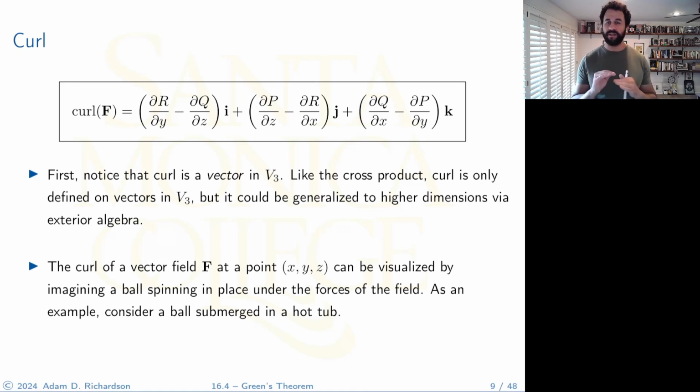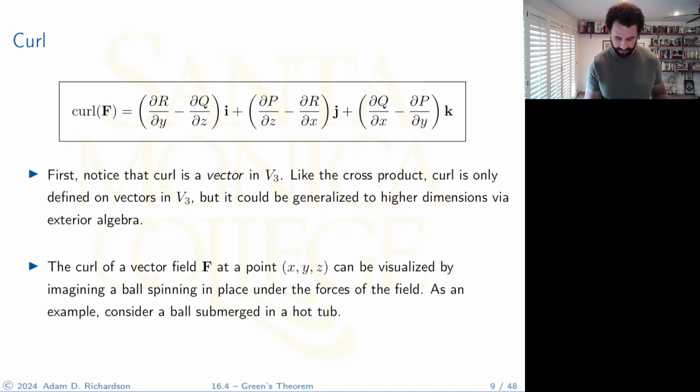We are going to restrict our attention to R3 or V3 and R2 or V2, mainly because, like the cross product back in chapter 12, curl is only defined for vectors in V3. You can generalize this idea to higher dimensions, but then you need a more general theory of calculus, which many of you won't see.